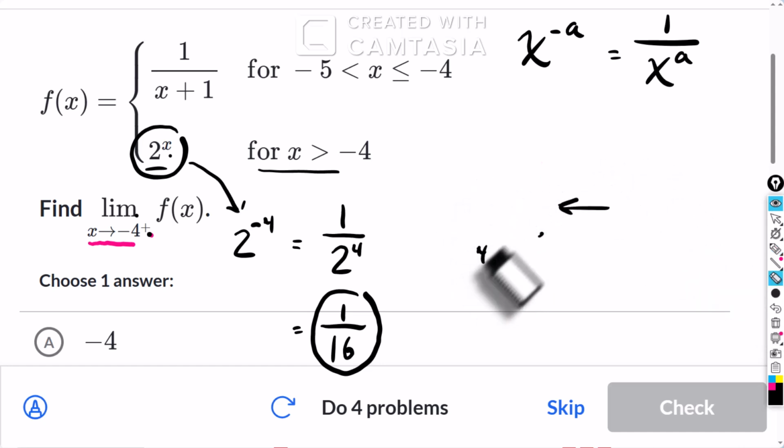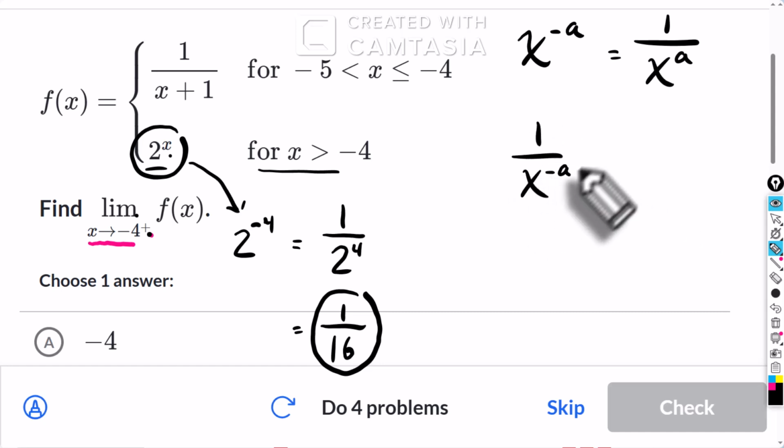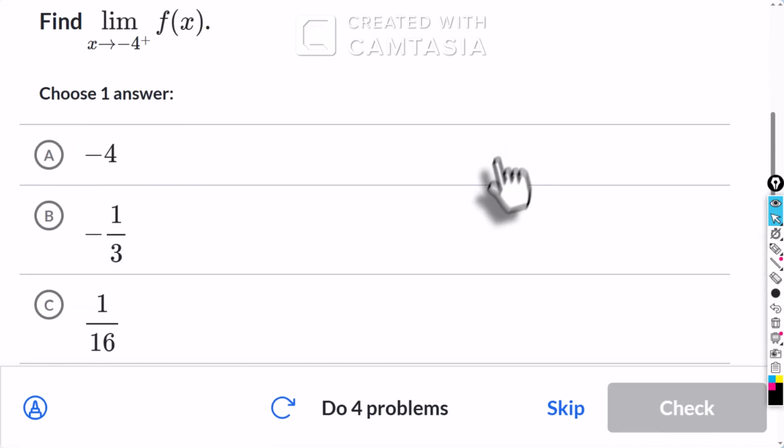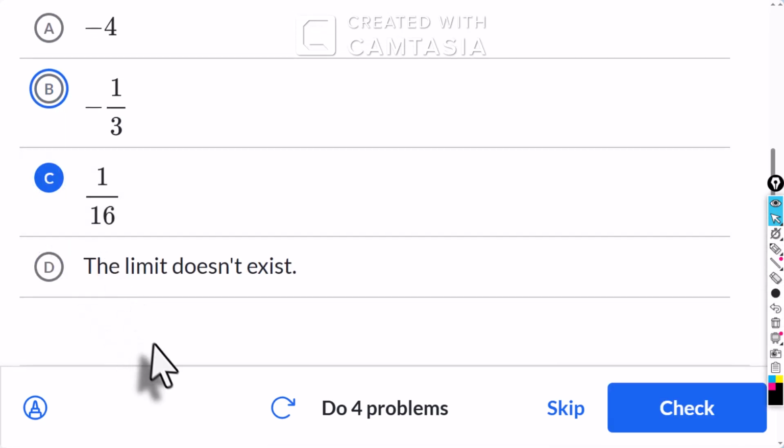If you happen to have 1 over x to the -a, you can move that to the numerator and change the plus minus sign on the exponent. So that's going to be x to the a. So that's all that I did after I plugged in. All right, 1 over 16.